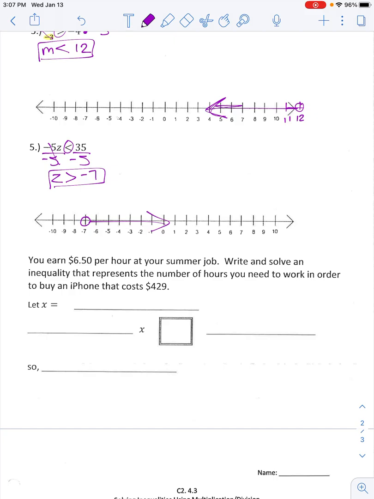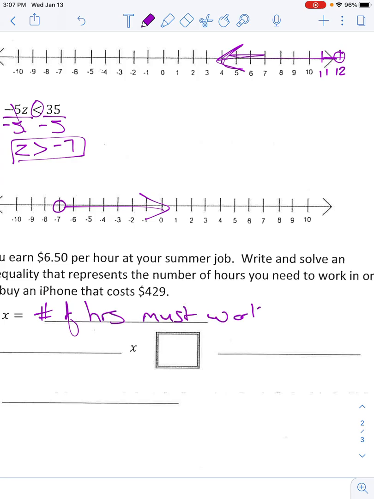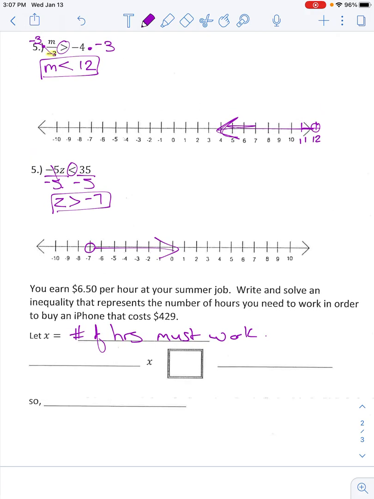Okay, and then we've got one word problem. You earn $6.50 per hour at your summer job. Write and solve an inequality that represents the number of hours you need to work in order to buy an iPhone that costs $429. Let x equal the number of hours I must work to get that iPhone. That iPhone costs $429, so what do I need? I need greater than or equal to $429, right?